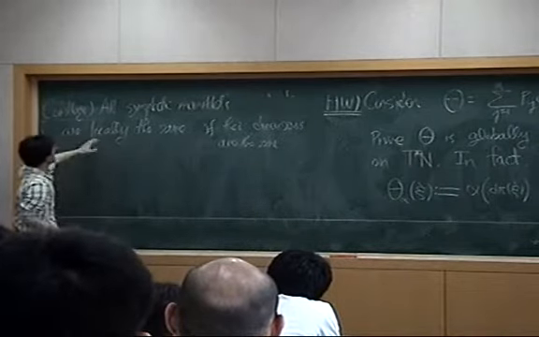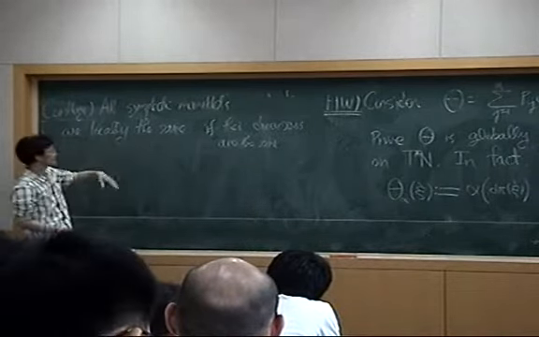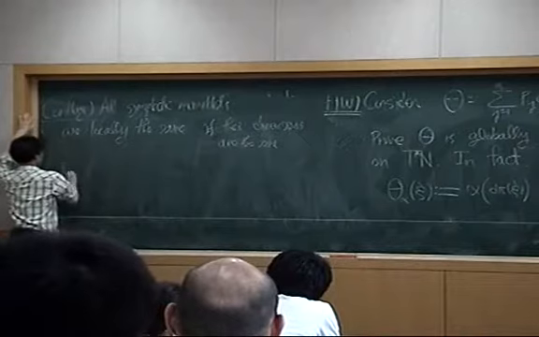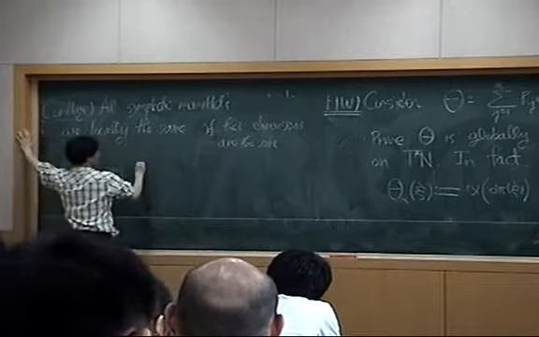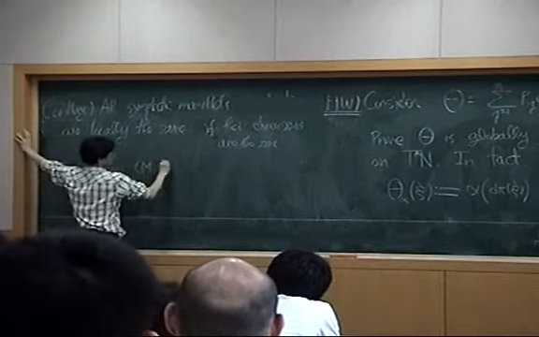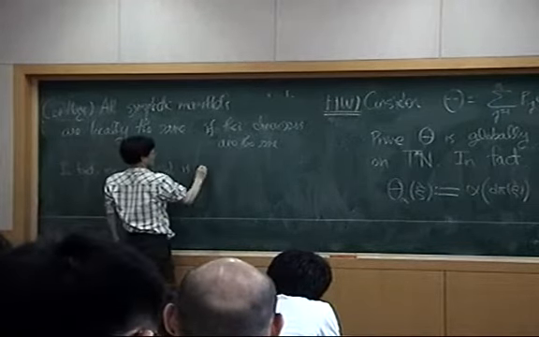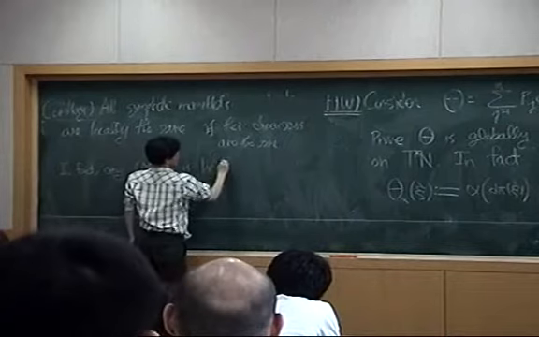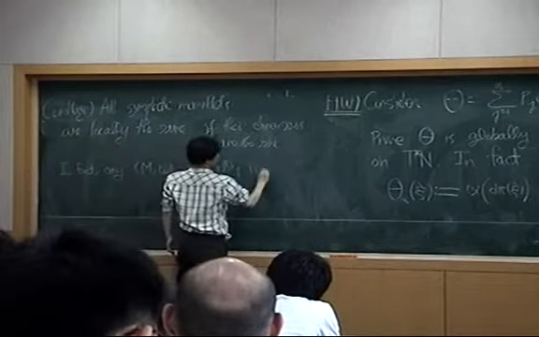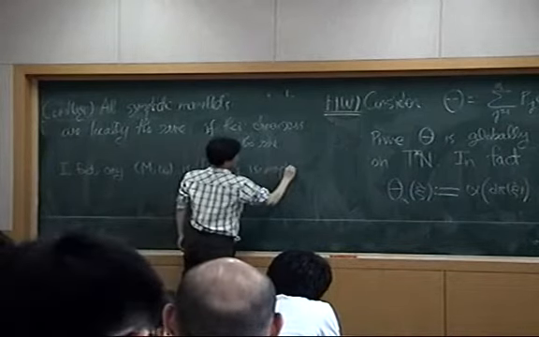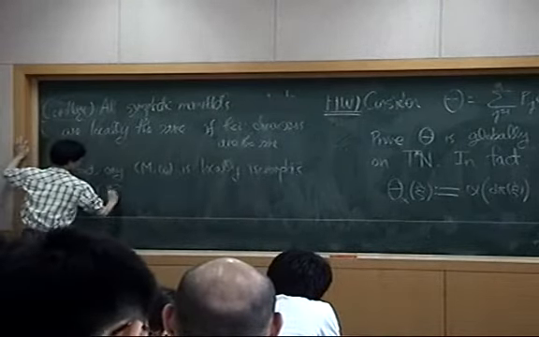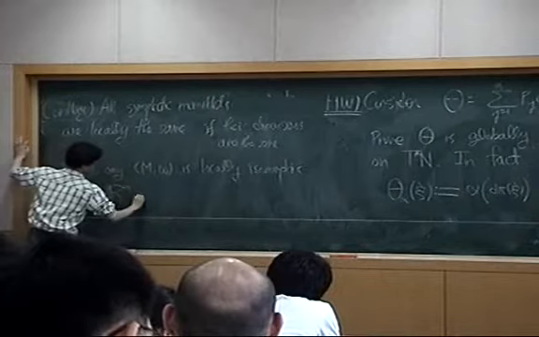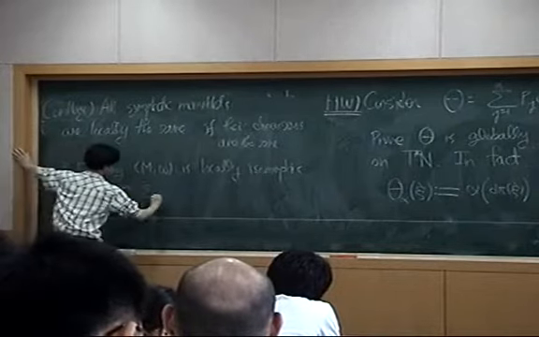In fact, any symplectic manifold (M, omega) is locally isomorphic to the standard even dimensional Euclidean space.